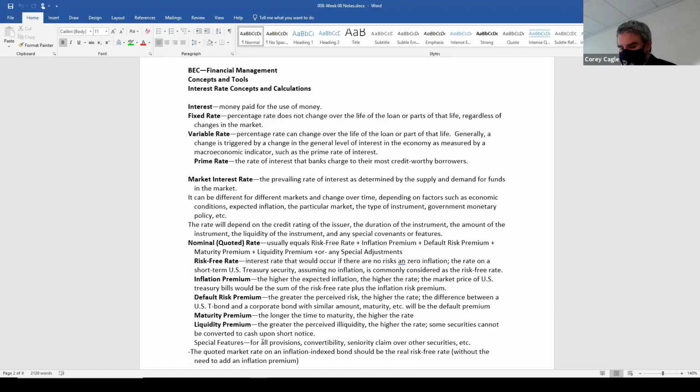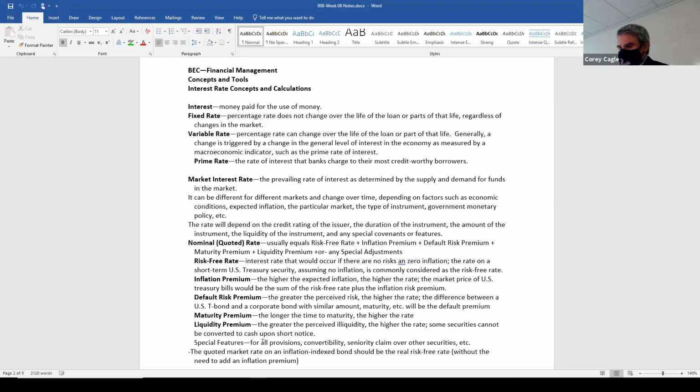Market interest rate, we know all about this from dealing with accounting for bonds in like intermediate 2. Bonds will have a stated rate and a market rate. What's the market rate? That's what the market has determined, the return they wish to get on whatever this item is that's out there.